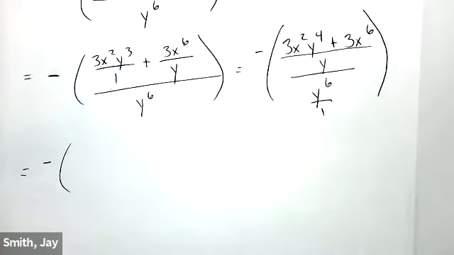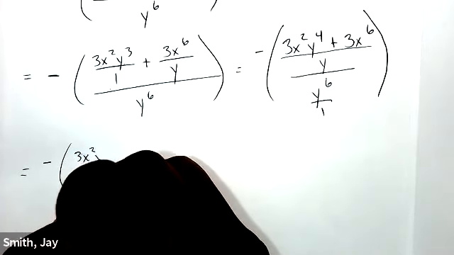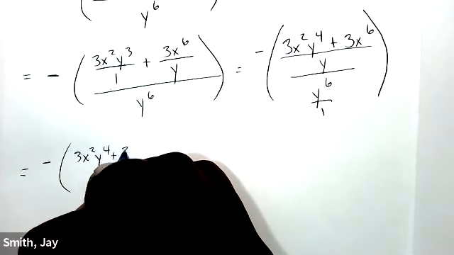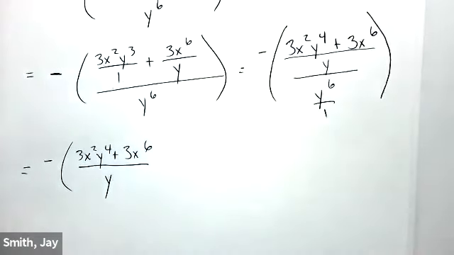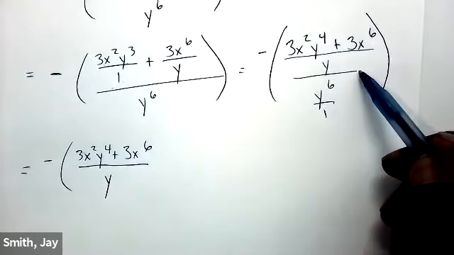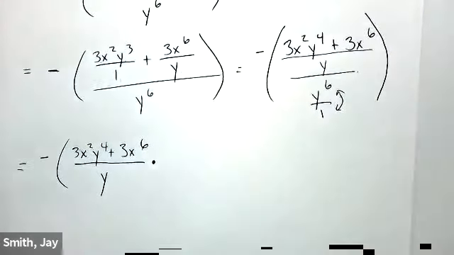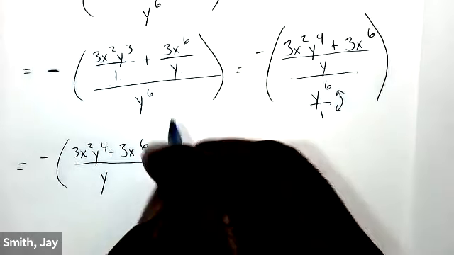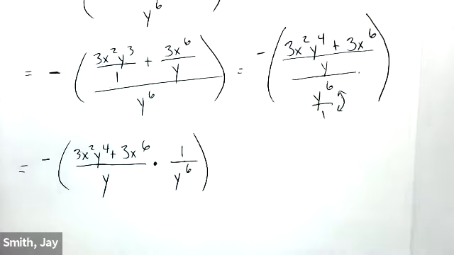So we're going to keep the top fraction the same, 3x squared y to the 4th plus 3x to the 6 over y. Change division to multiplication and flip our bottom fraction, y to the 6 over 1, now 1 over y to the 6.